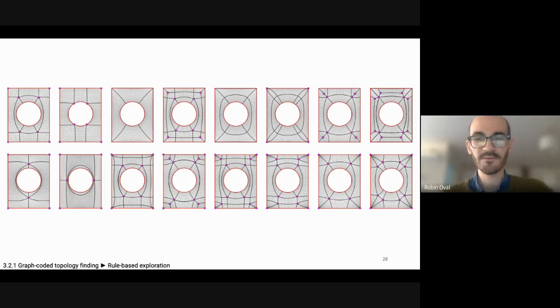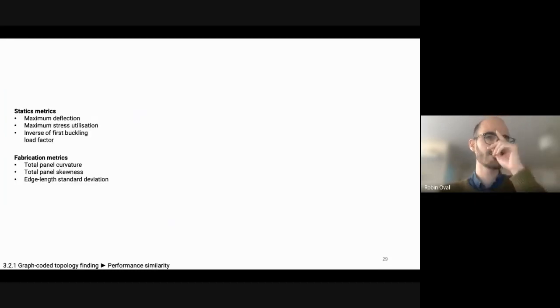And so here you have this, with just a couple of clicks, you can get this wide family of designs. So then how to explore, to compare them or decide on which ones are relevant or not. In that case, we integrate several statics metrics on deflection, stresses, and buckling, and also metrics on fabrication, so curvature, skewness, and the edge length variation.